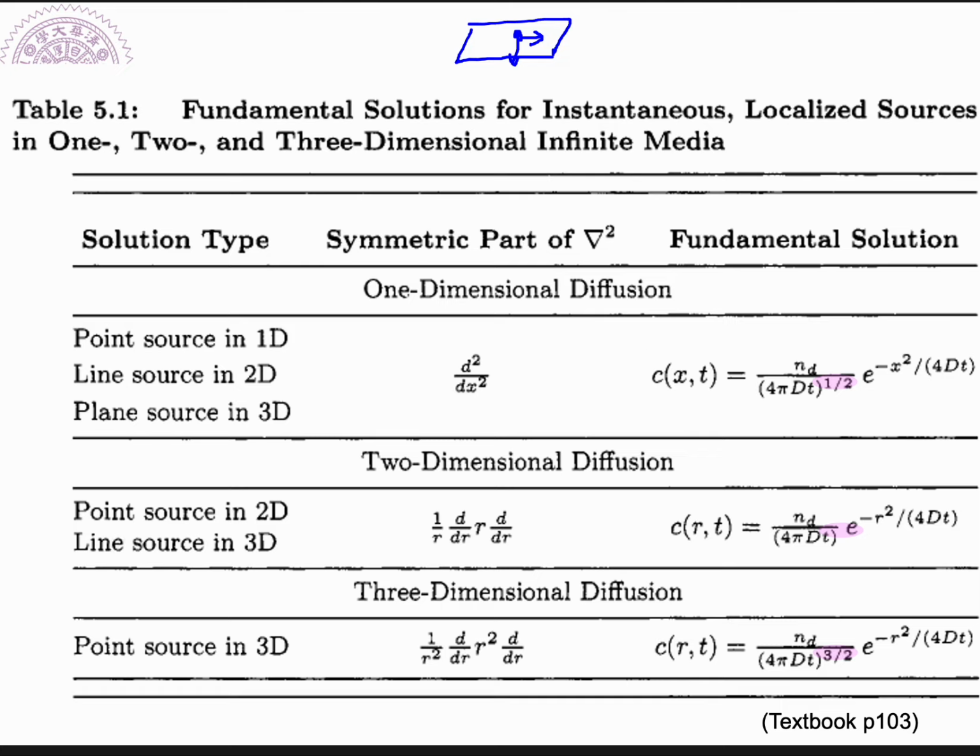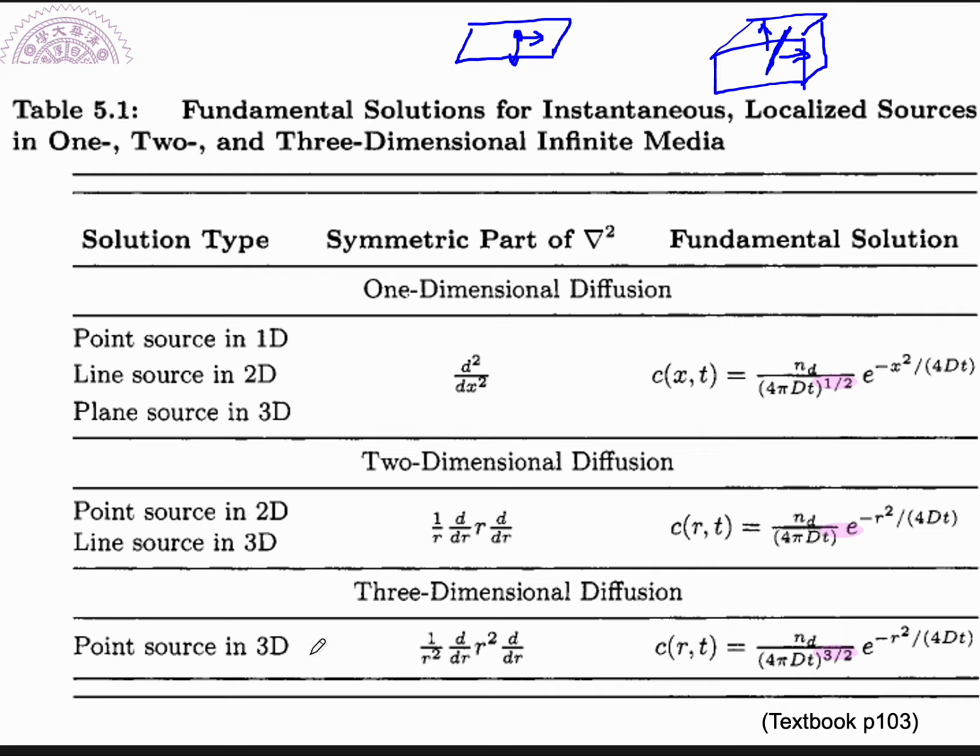Or you fabricate a narrow wire into a three-dimensional matrix. It also diffuses either along this way or along this way, so it also belongs to the two-dimensional diffusion case. And how about three-dimensional?